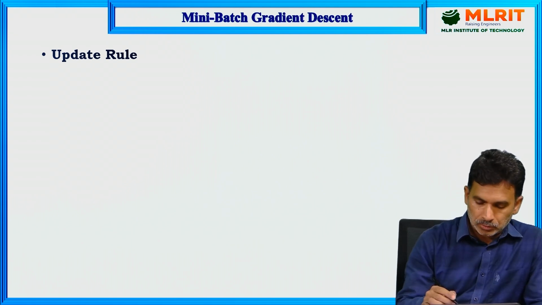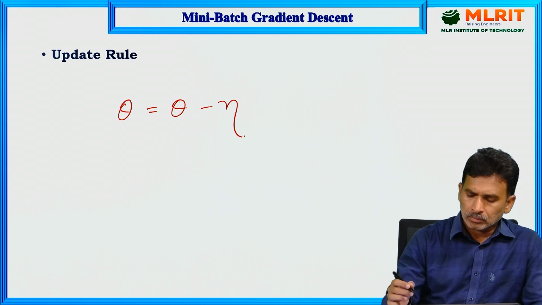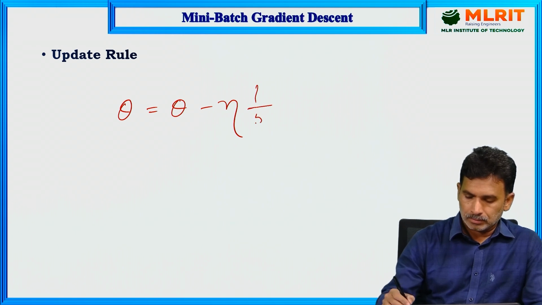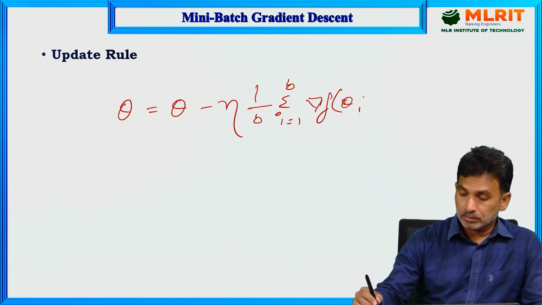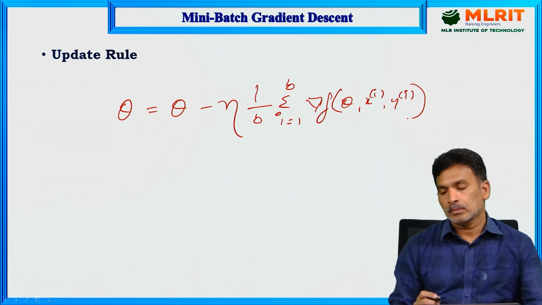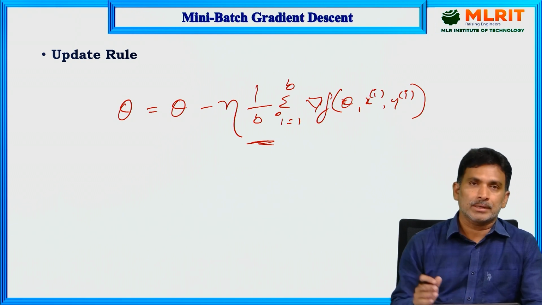Suppose the parameter to be updated is theta; the update uses the sum over i equal to 1 to b of the gradient of f, where f is the cost function. So for every batch the gradient is computed and the model is updated.